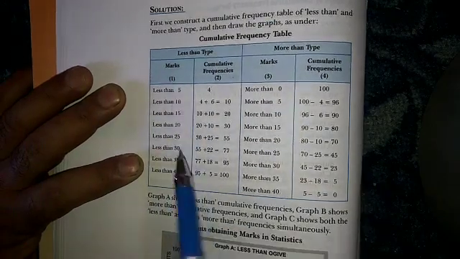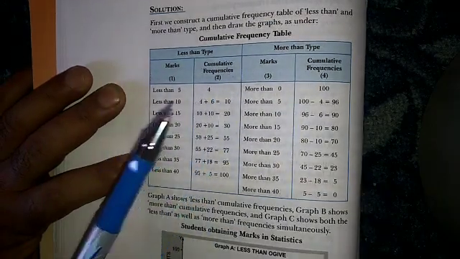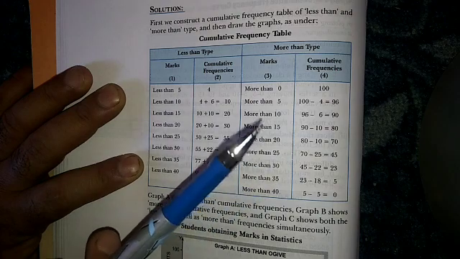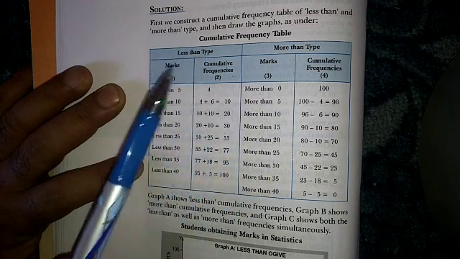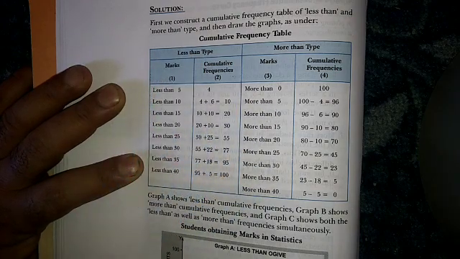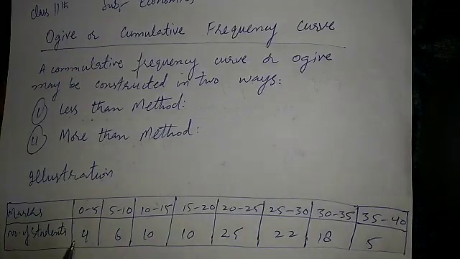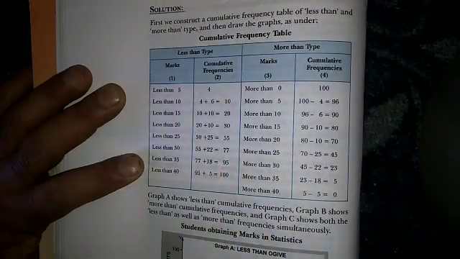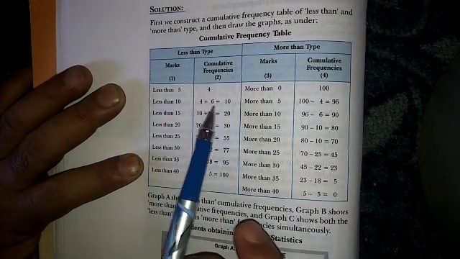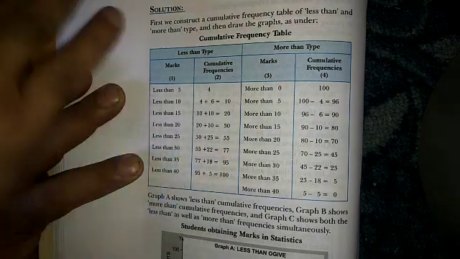See, marks less than 5, as you have seen earlier, it's 4, right?